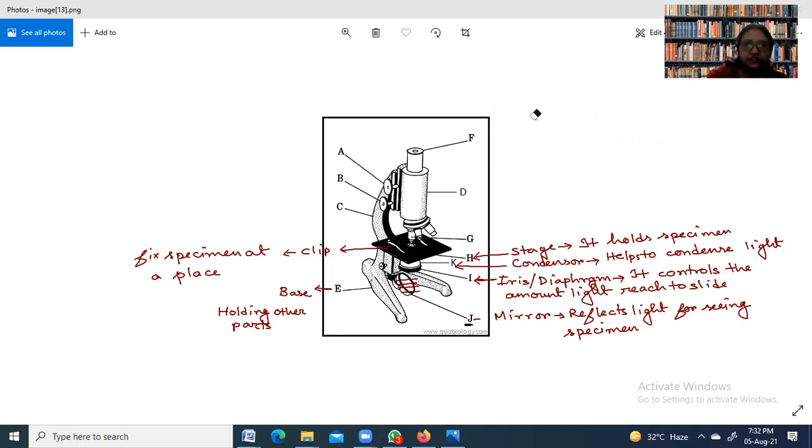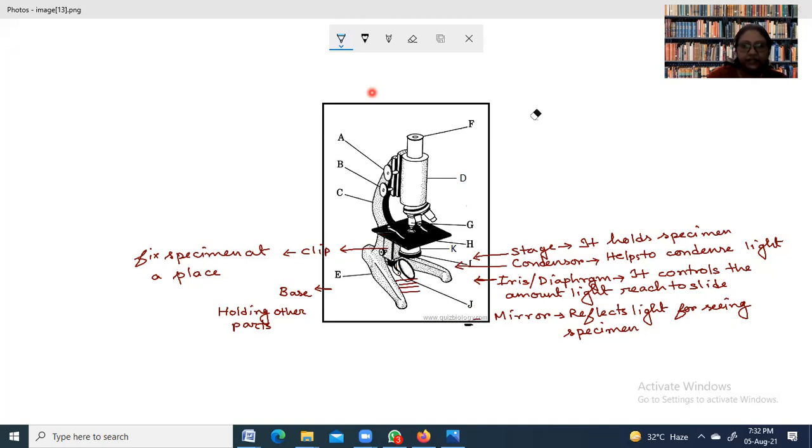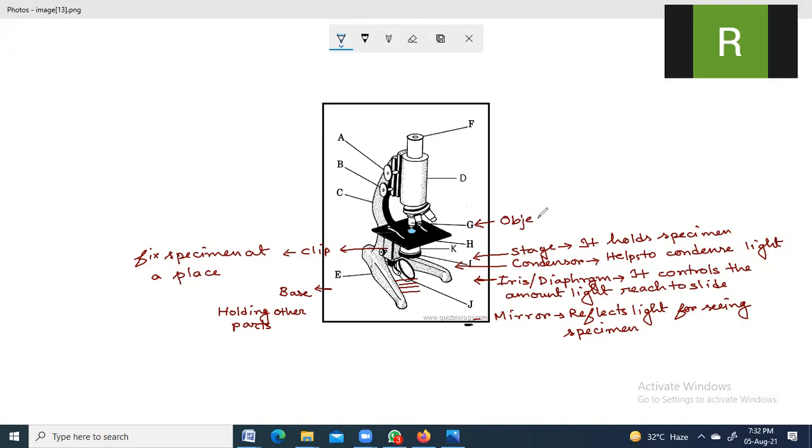In the stage, you can see at the central part there is a hole. This hole is there so that light can come in. Now what are these? They are objective lenses. So what are the types of objective lens?